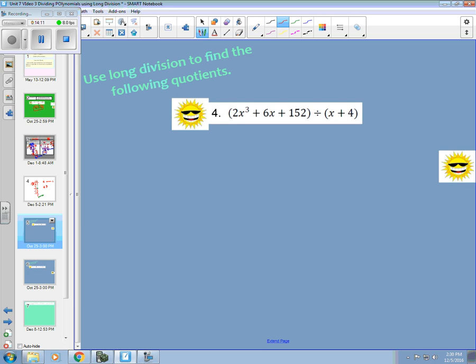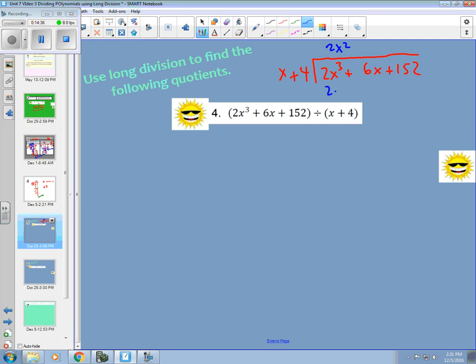So if you were doing this as a long division problem, you'd put x plus 4 out here, and then inside you'd put your numbers here. Now, if you were doing this, you would run into a problem very quickly, because when dividing this, 2x cubed divided by an x would be 2x squared.